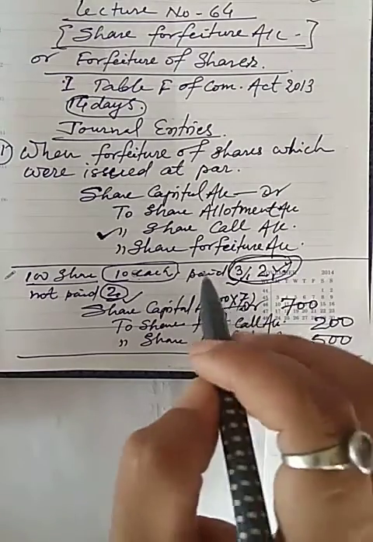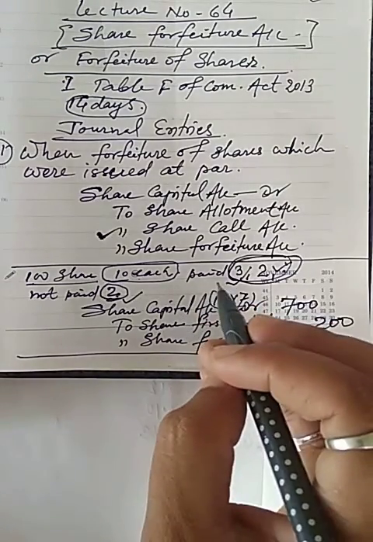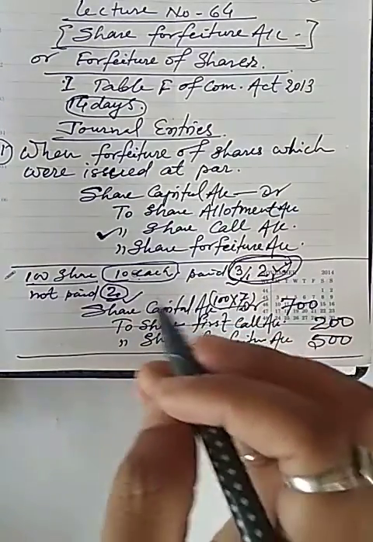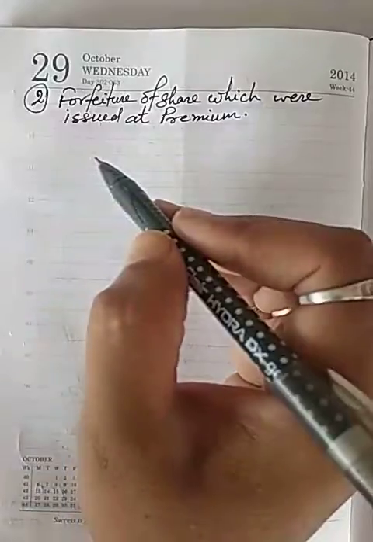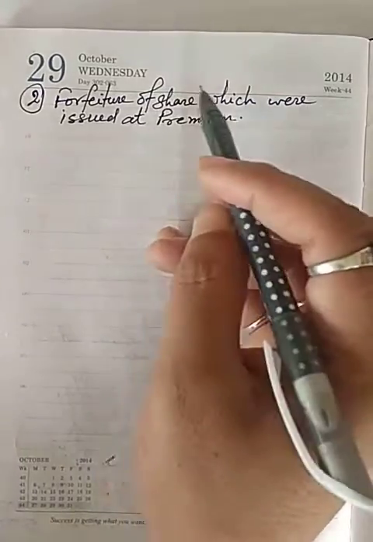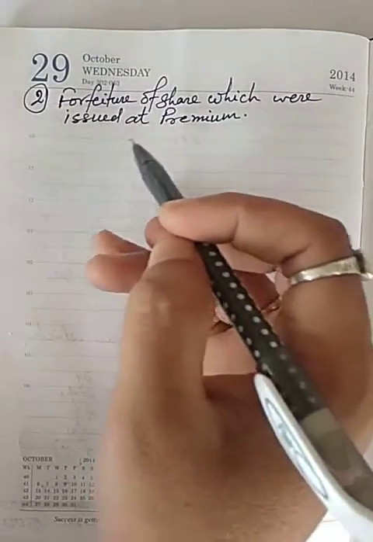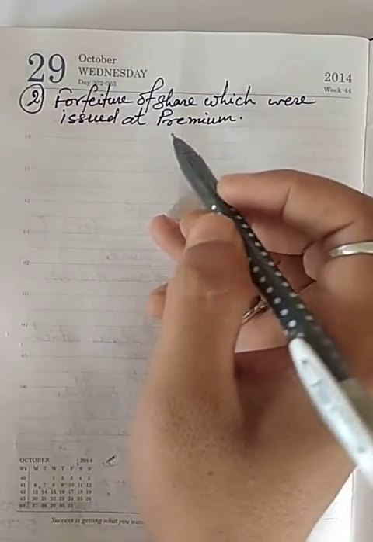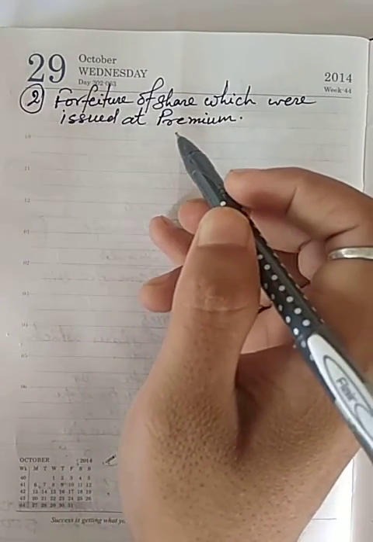Now let us see some other example based on share forfeiture. Forfeiture of shares which were issued at premium. This may be discussed under two heads.